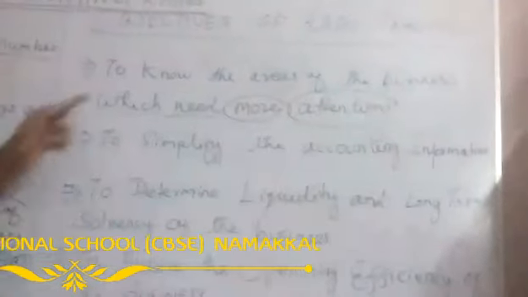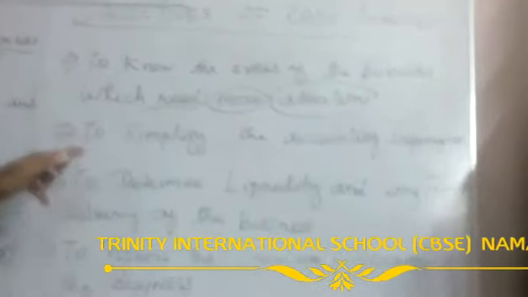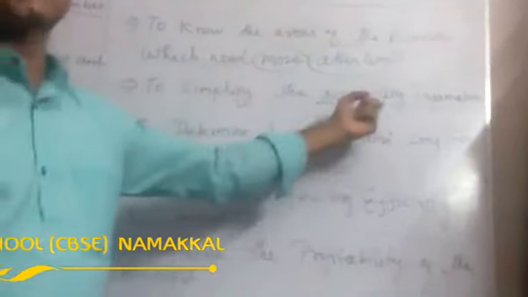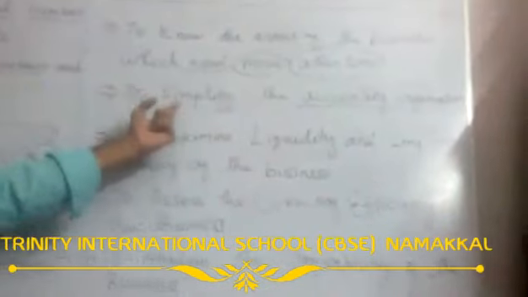Similarly, to simplify accounting information. A profit and loss account and balance sheet take time to understand, but with accounting ratios, once you calculate some ratios, you can understand very easily. That is the main objective.